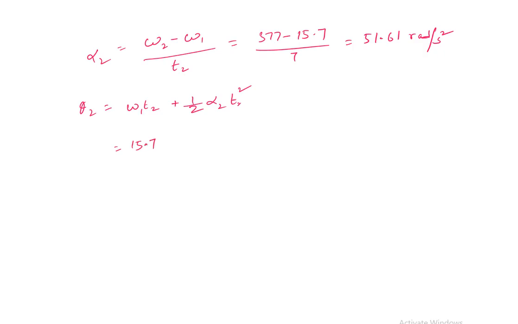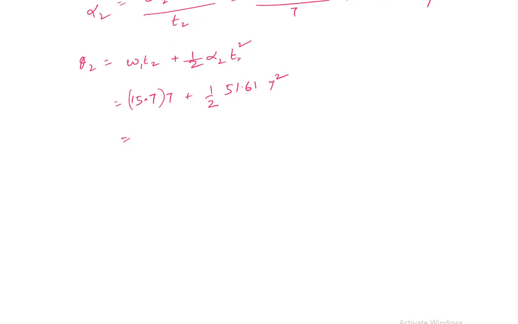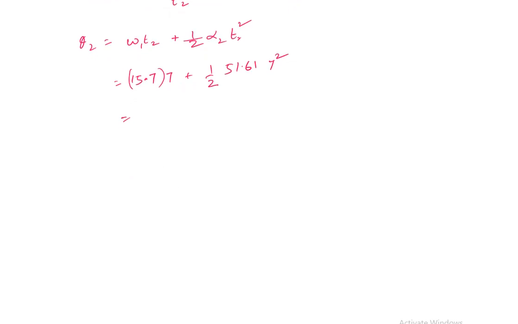Initial velocity times the time of 7 seconds, plus half of alpha 2, 51.61, times t2 squared, 7 squared. What does that come to? It comes to 1374.3 radians. Like I said, please check my arithmetic after me.